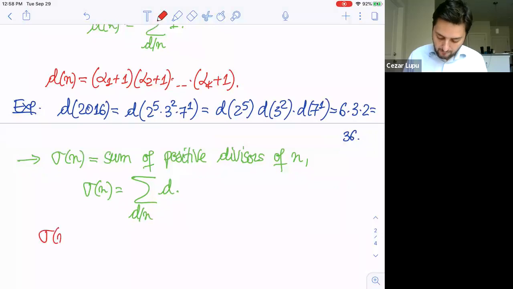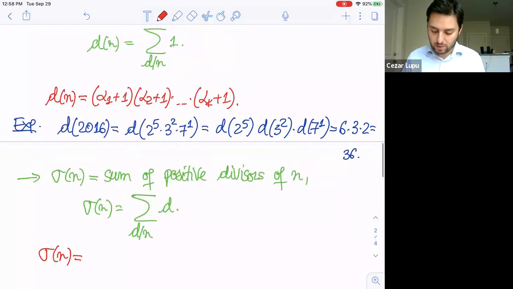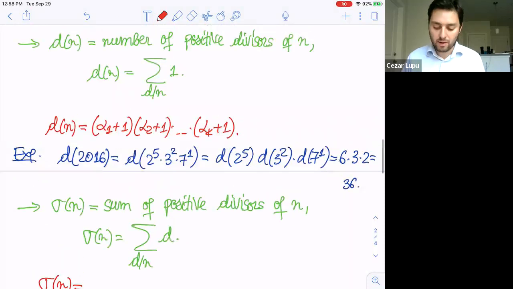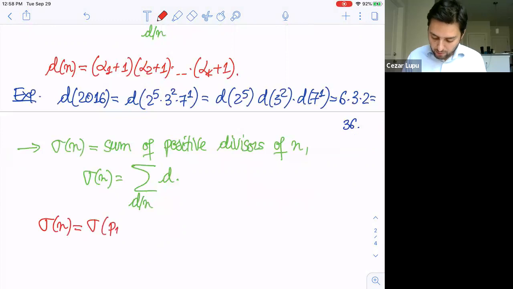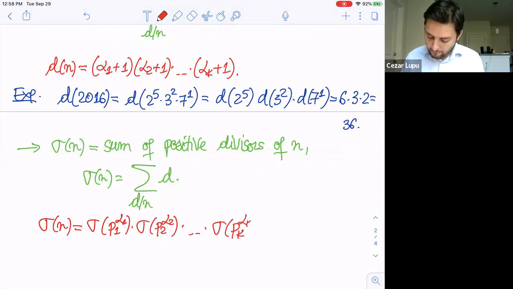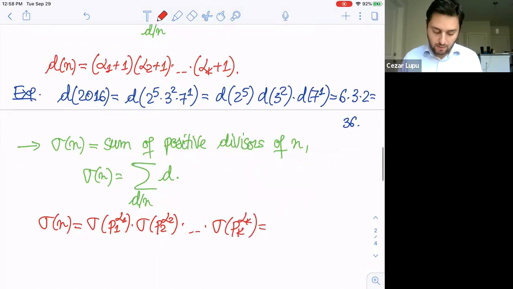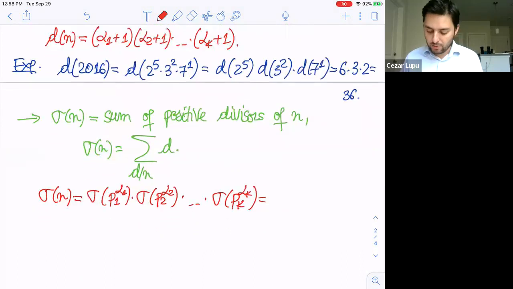Again, this is multiplicative, so I will have a formula for this. Sigma of n, using the prime factorization of n, will be sigma of p1 to alpha 1 times sigma of p2 to alpha 2 times sigma of pk to alpha k.